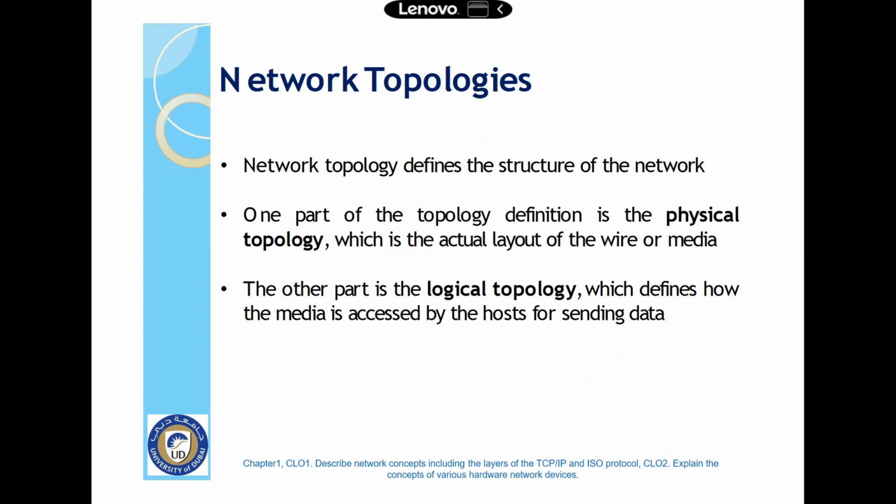A network topology defines the structure of the network, and there are 2 types. We have the physical topology, where the devices are actually located. One part of the topology definition is the physical, which is the actual layout of the wire or media. And we have the logical topology, which defines how the media is accessed by the hosts sending data.